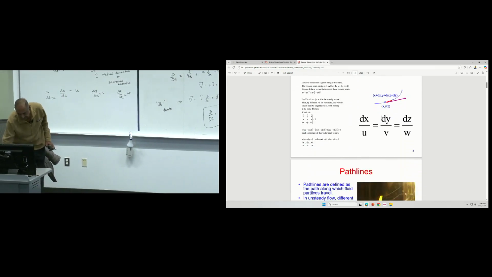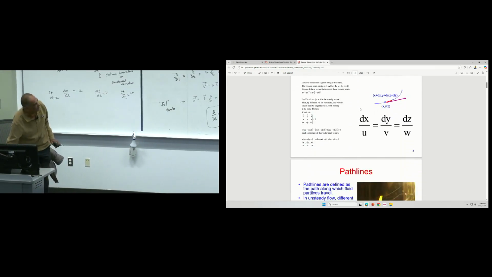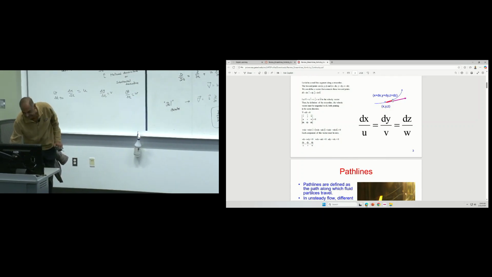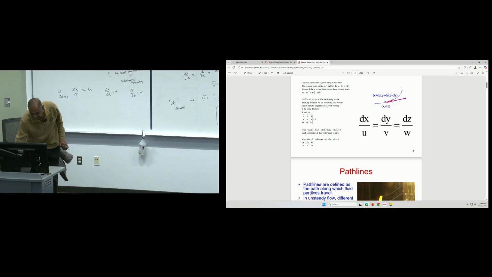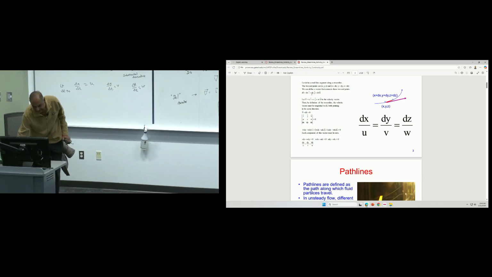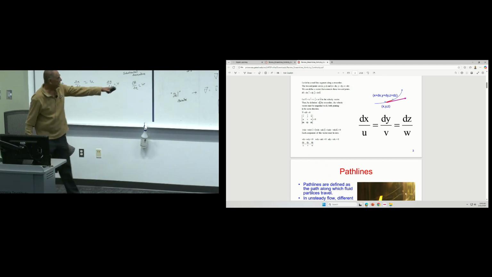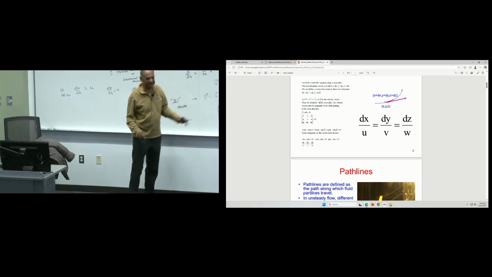So if you take 2 points on that curve, x, y, z and x plus delta x, y plus delta y, z plus delta z, this line vector would be just a change in the x, change in the y, change in the z in the 3 directions. Velocity has also got its 3 components.